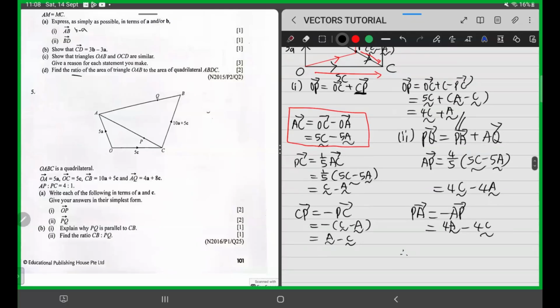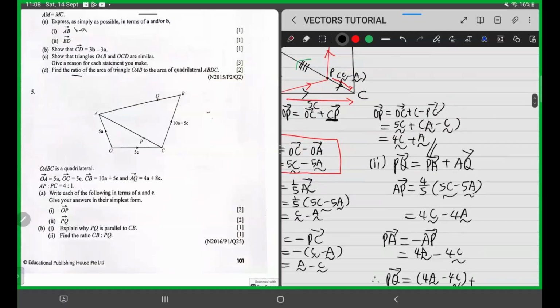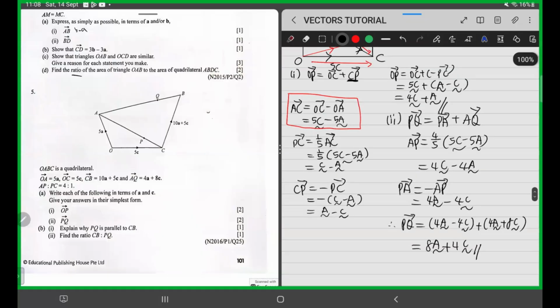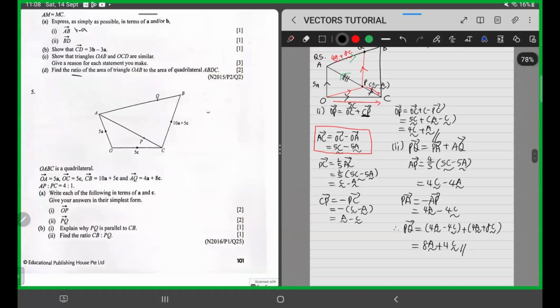Therefore, your PQ is just 4A minus 4C plus your AQ, which is 4A plus 8C. So if you add all together, you should get 8A plus 4C. So that is the answer for II.